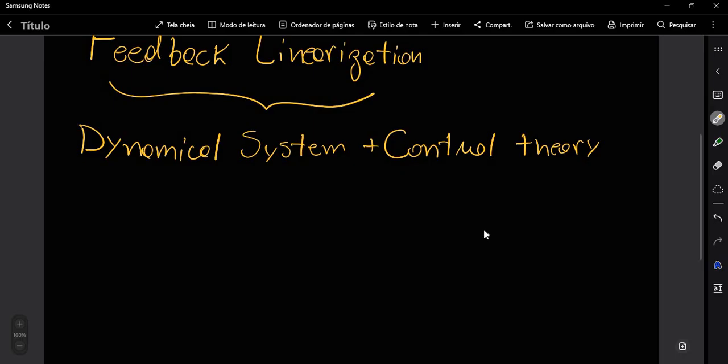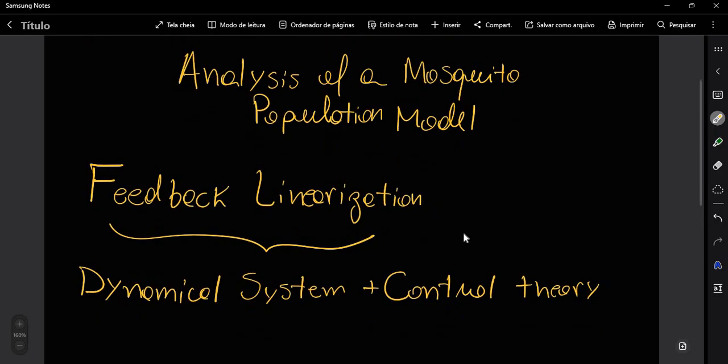So we have to control this population, and this study is about this method. We are now doing an analysis of a model to control this mosquito population.